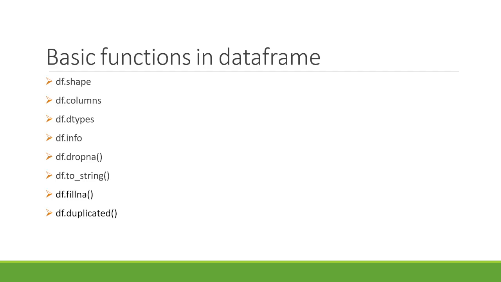If we have some duplicate data, then it will help to display the duplicate data. Again, df.drop_duplicates. So again, there should not be any duplicates inside the data, right? So when we are performing cleaning, we have to drop the duplicate data.